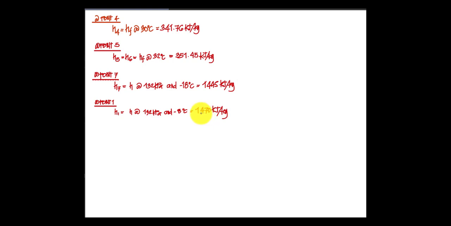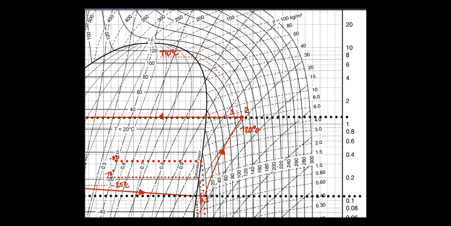Writing it down. We also need the specific volume, since later on we'll need this for computing the volume flow rate. So we have the specific volume at 132 kPa and the intersection at negative 8 degrees Celsius for 0.1. But what we have here is not a specific volume but a density. So we have the density line here.